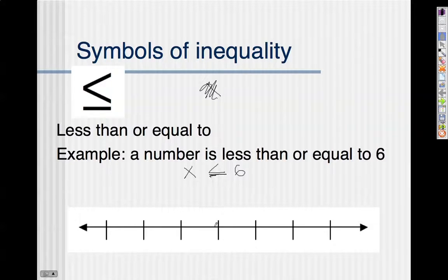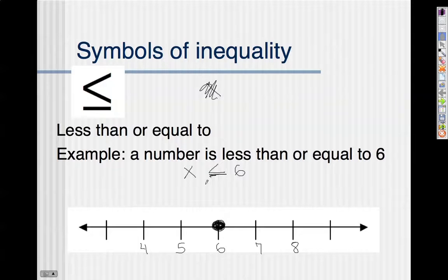And the only big difference in graphing that is we're still going to start looking at the part of the number line that matters to us. So 6 in the middle, numbers less than 6 to the left, and numbers greater than 6 to the right. And we still want to put a circle at 6, but now, because we're including 6, we want to fill in that circle.